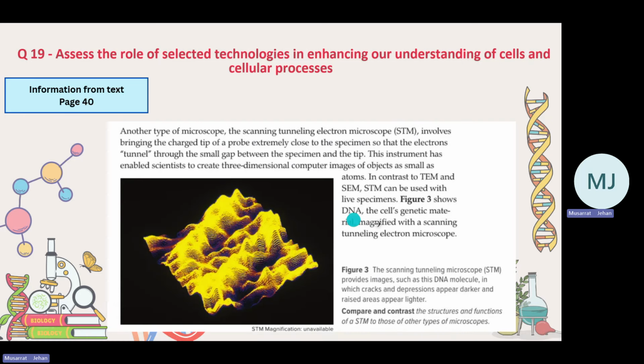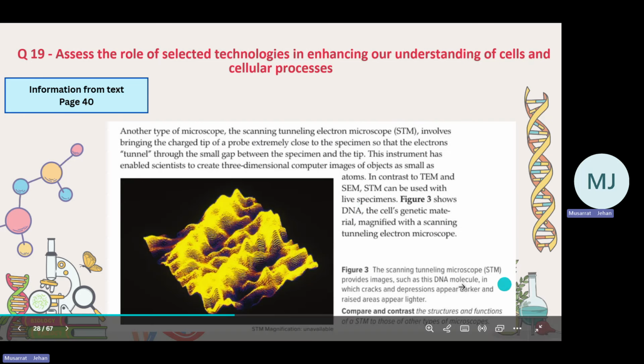In TEM and SEM, there was a disadvantage that we could only use dead specimens, but STM can be used for live specimens. This was one good point of it. The scanning tunneling microscope provides images such as a DNA molecule in which cracks and depressions appear darker and raised areas appear lighter. Here they have said, page number 40, compare and contrast a TEM and a SEM.